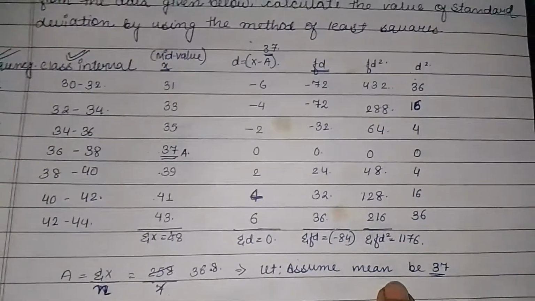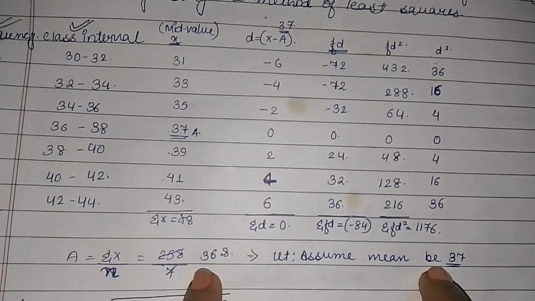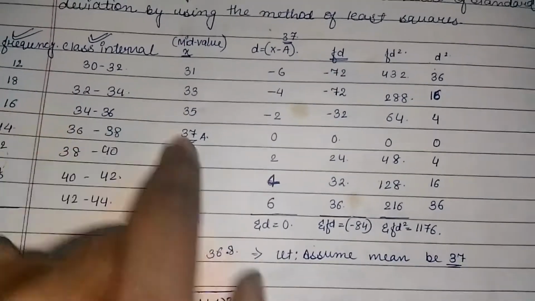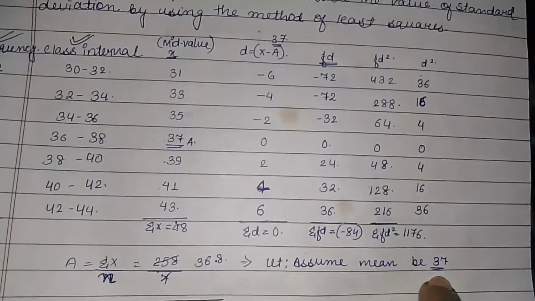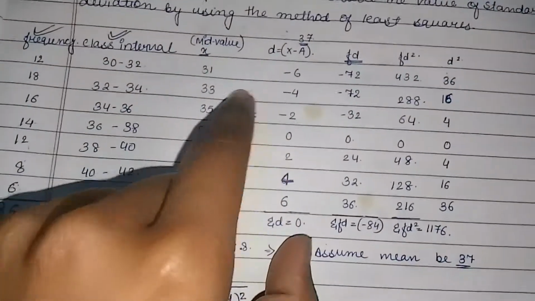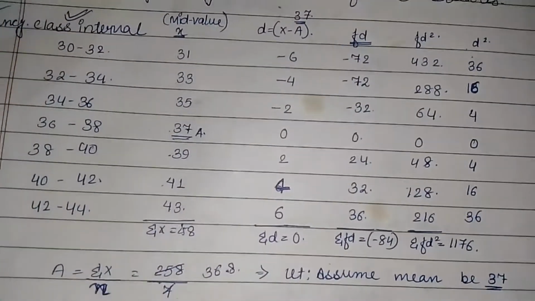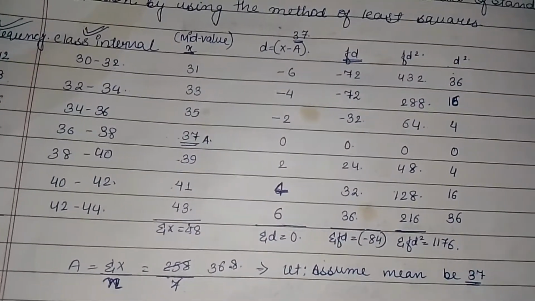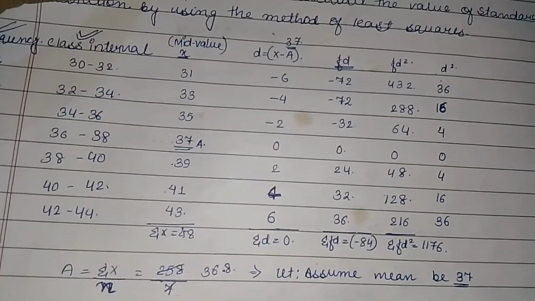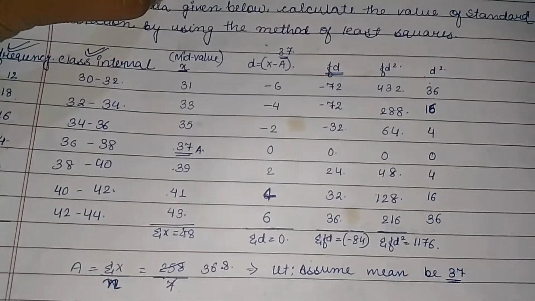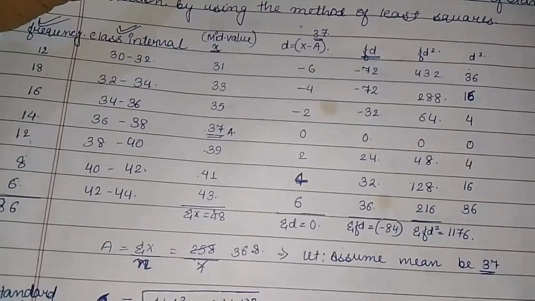So let the assumed mean be 36.8, and the nearest greater value is 37. So we will take a as 37. So 31 minus 37 is minus 6, 33 minus 37 is minus 4, 35 minus 37 is minus 2, then 0, 2, 4, 6. So sigma d will be 0.